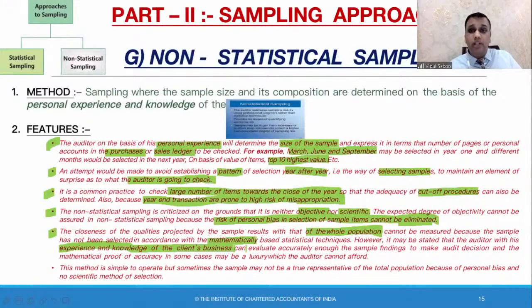His professional acumen is enough to extract the sample and develop an opinion on the basis of that sample. It is quite simple, but sometimes it may not be a true representative of the total population, because there is no scientific ground and there could be personal bias.